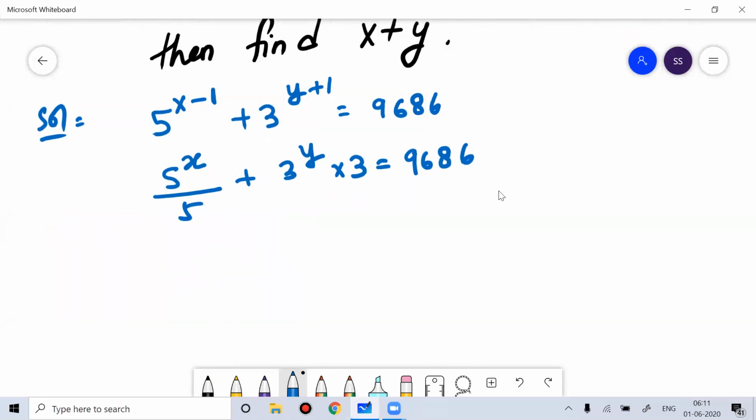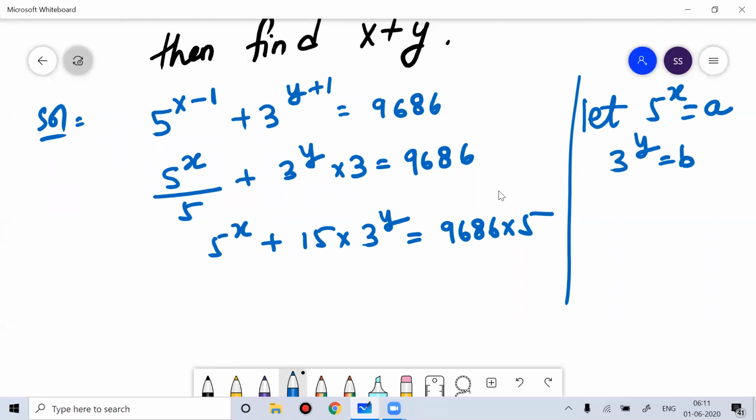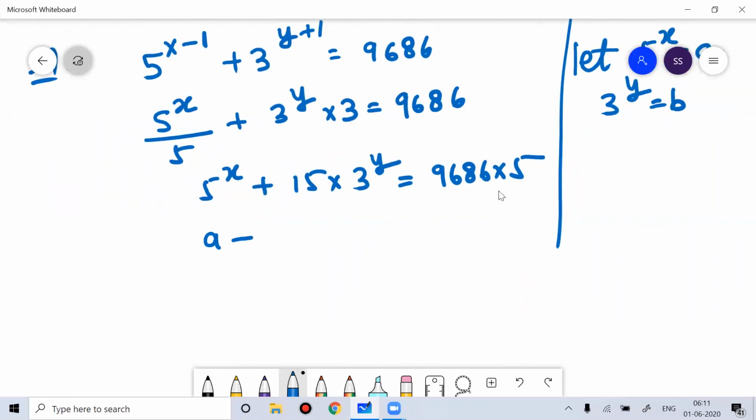If I take LCM, I can write this as 5 to the power x plus 15 into 3 to the power y is equal to 9686 into 5. Let 5 to the power x be equal to a and 3 to the power y be equal to b. So I can write this as a plus 15b equal to that number into 5.